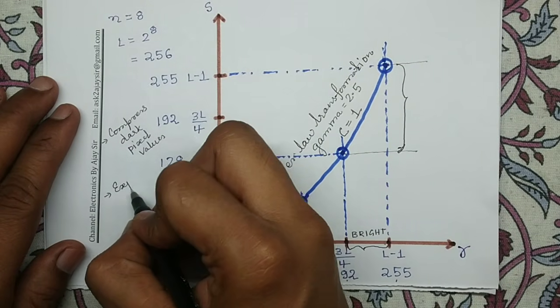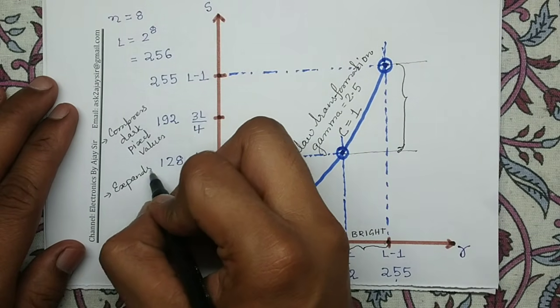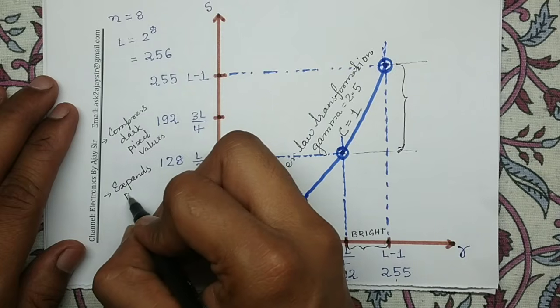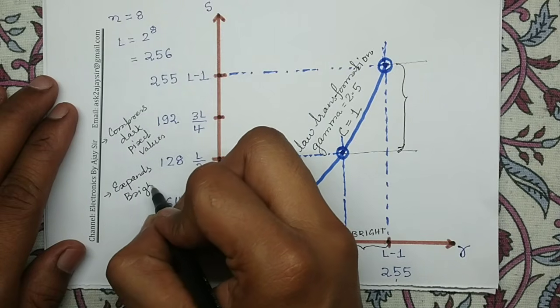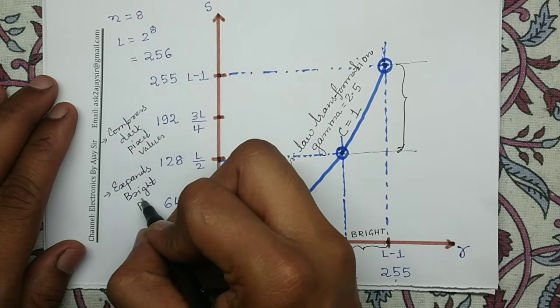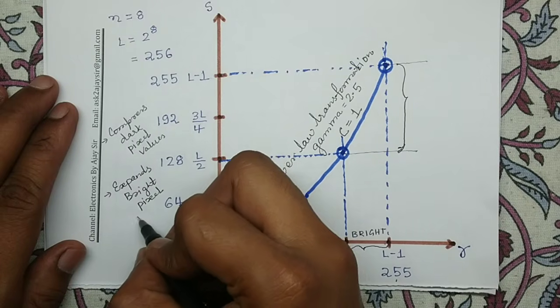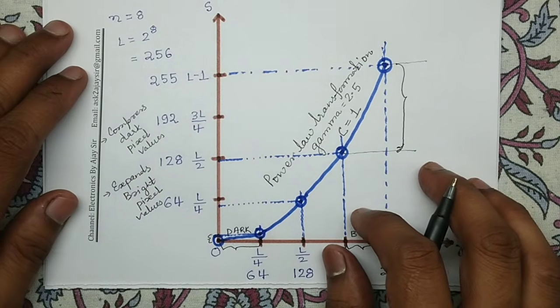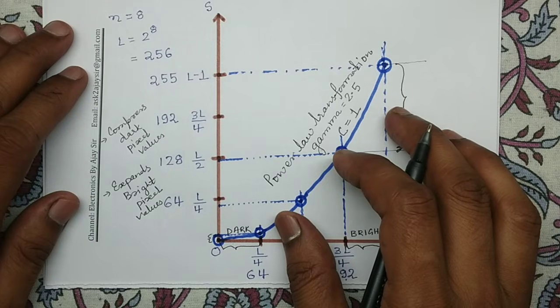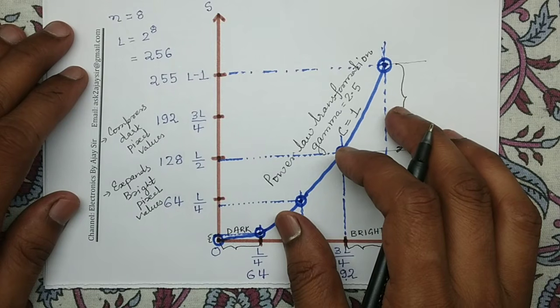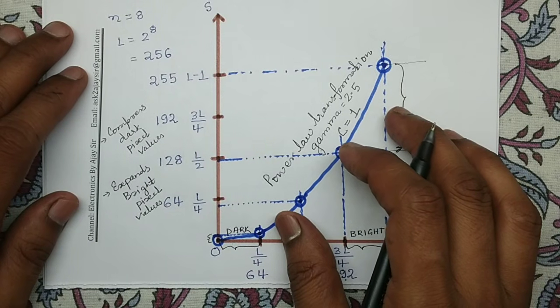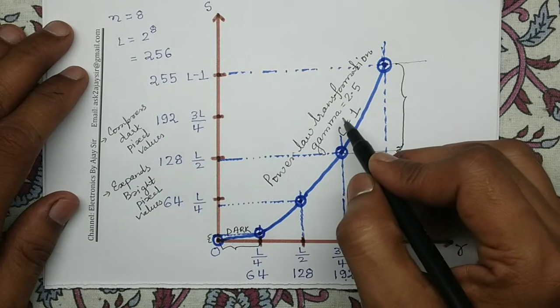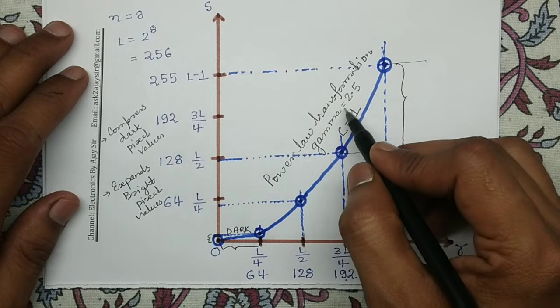So it expands the bright pixel values. Since in this power law transformation, I have considered the case gamma greater than 1, for a particular value of gamma equal to 2.5.